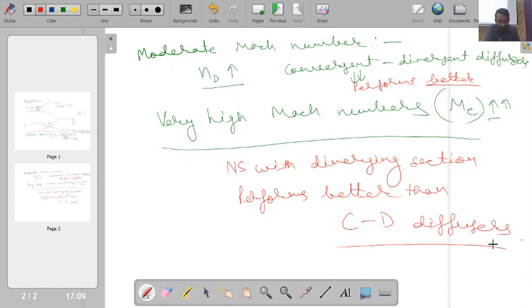Okay, now it is expected that normal shock waves should perform worse, because that results in more loss of pressure, and convergent divergent should perform better in all the cases. But this particular conclusion is based on the assumption that the viscosity of the fluid is negligible.